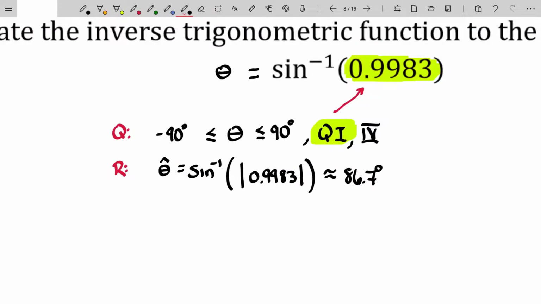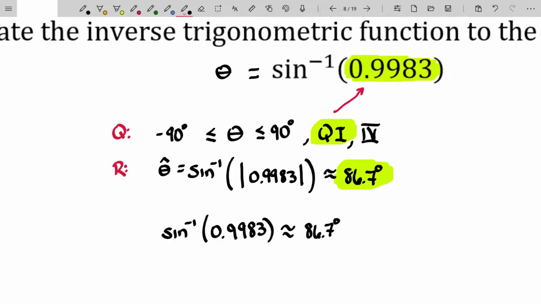There you go. That's our reference angle. And because we're in quadrant 1 with a reference angle of 86.7 degrees, the actual angle is 86.7 degrees. So the sine inverse of 0.9983 is approximately 86.7 degrees.